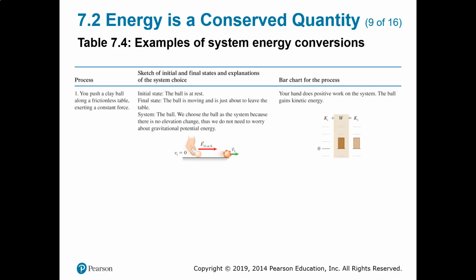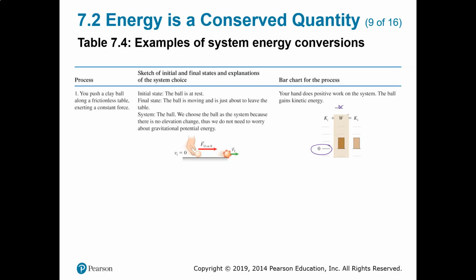So if we push a ball of clay along a frictionless table that's exerting a constant force, initially the ball is at rest. That means our kinetic energy is right here at 0. So we do work, we put a force on that ball, we push it across the table, so we are bringing work into the system.